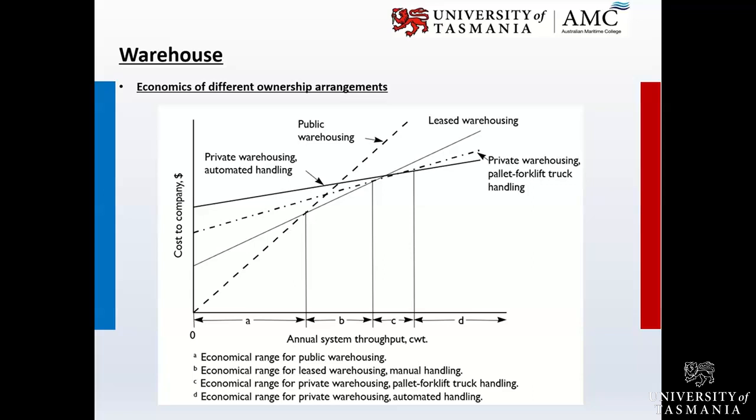It's similar for area C. We find the private warehousing with pallet forklift truck handling is the most profitable. And for area D, the private warehousing with automated handling arrangement is the most profitable based on the cost to companies.